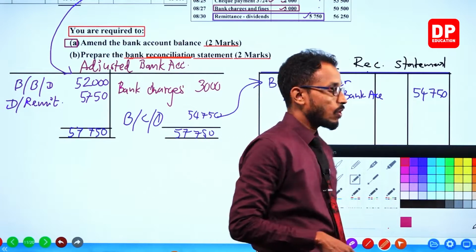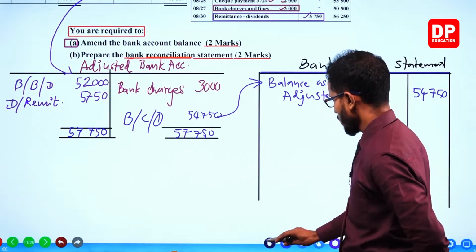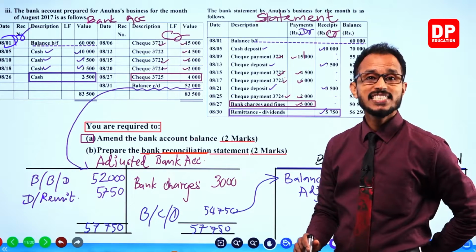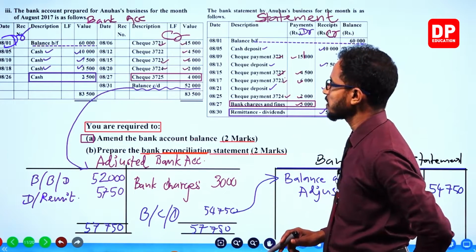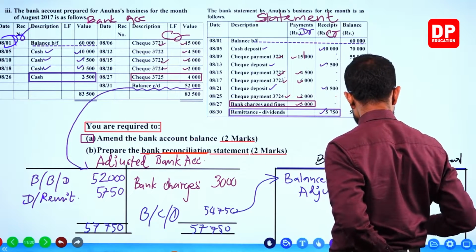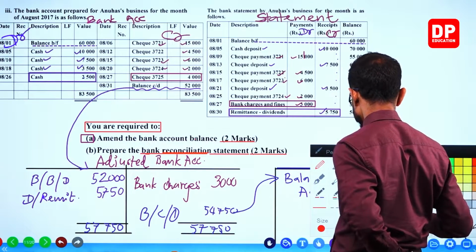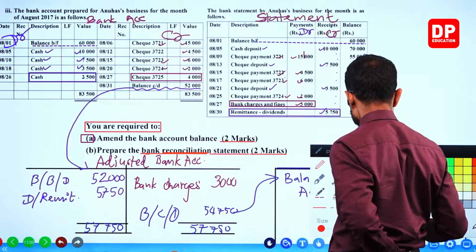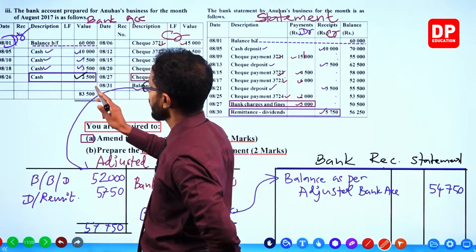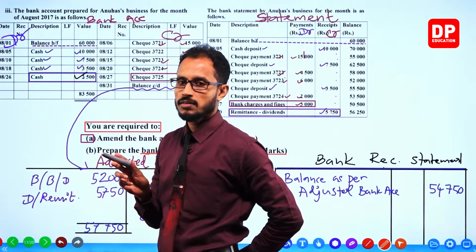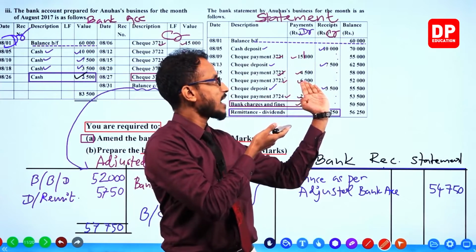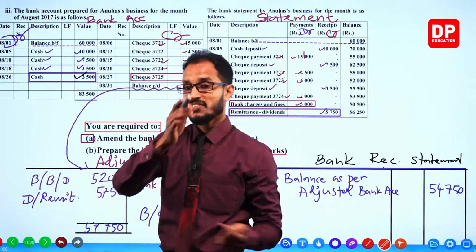Now let's check what we marked in our bank account, which we didn't take yet. These are those items which we marked in the bank account because they are missing in the bank statement, but we didn't take them.